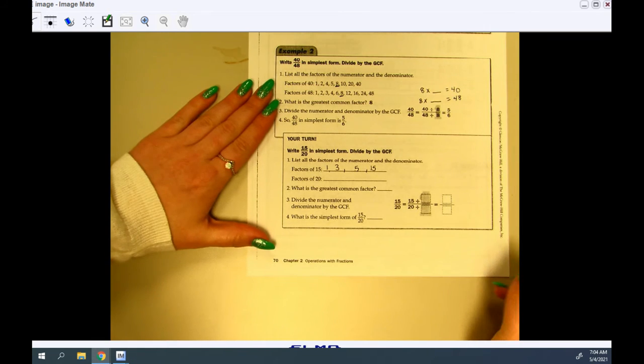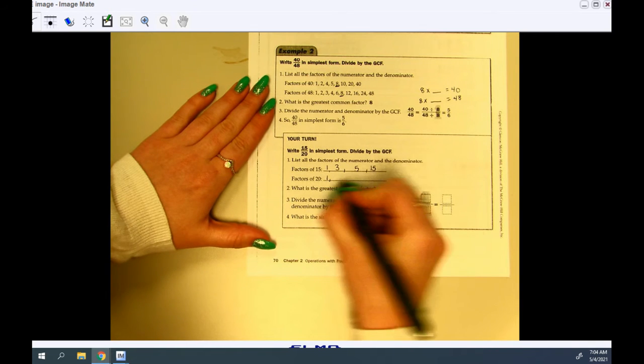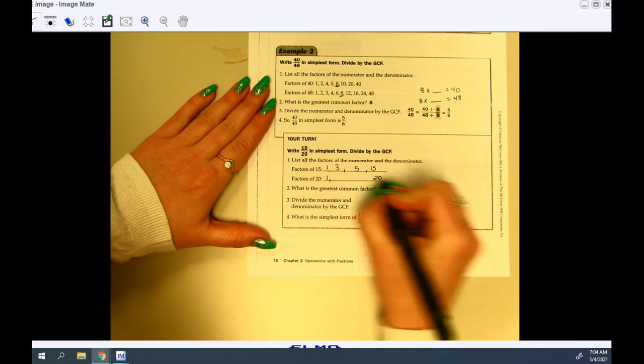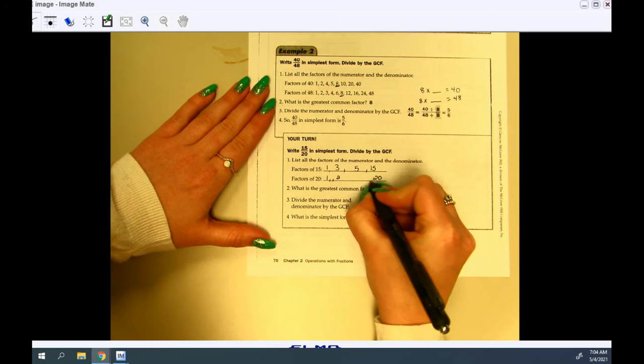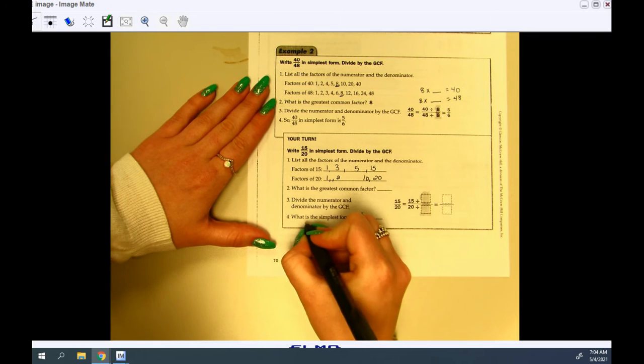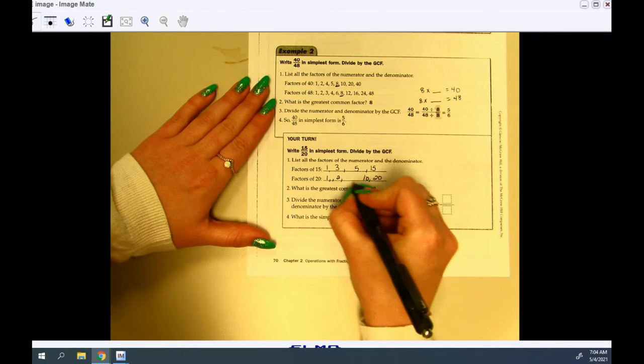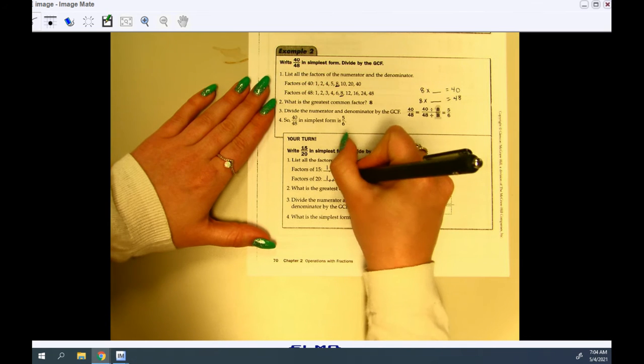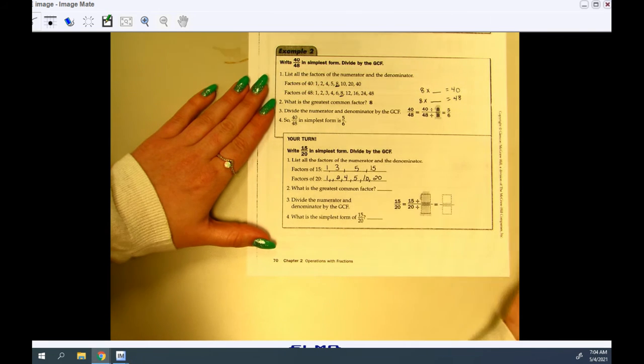The way I know that is by using my handy dandy multiplication chart, okay? Make sure you have that with you at all times. Again, I have 1 and 20 for the factors of 20. 2 times 10 also equals 20. And then my last numbers that would equal 20 would be 4 and 5.